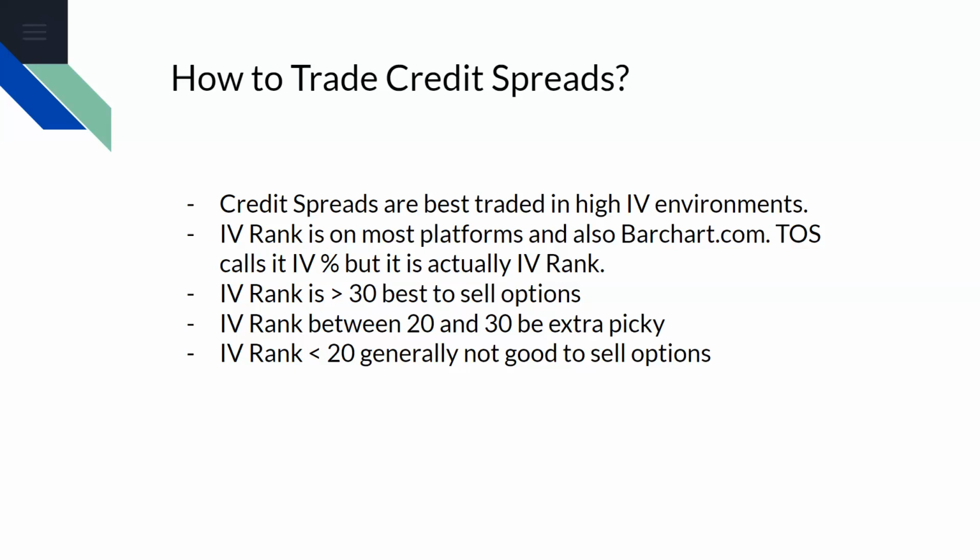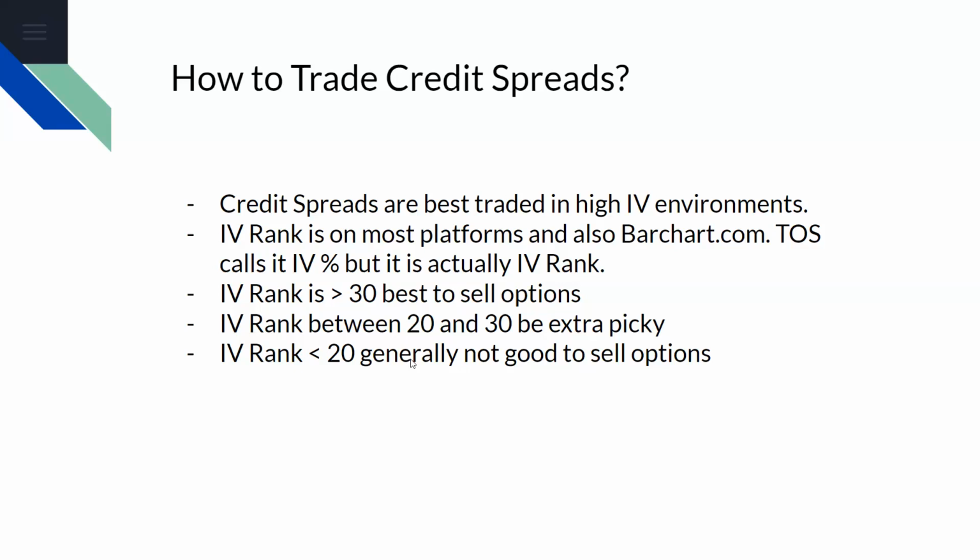Now, since we are going to be focusing on credit spreads, the thing that we want to make sure of is that the IV is high enough so there's some extra juice in those premiums to make it beneficial for us to sell premium. So my rules regarding this is that if the IV rank is greater than 30, that's when it's best to be selling options.